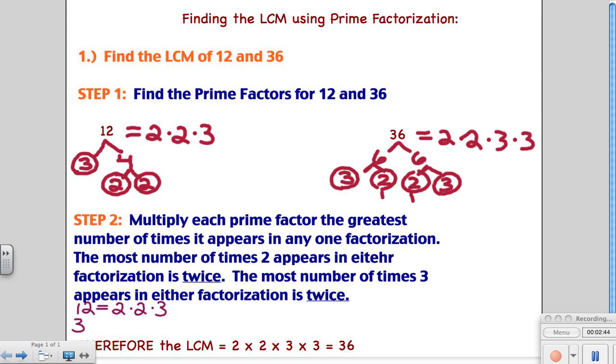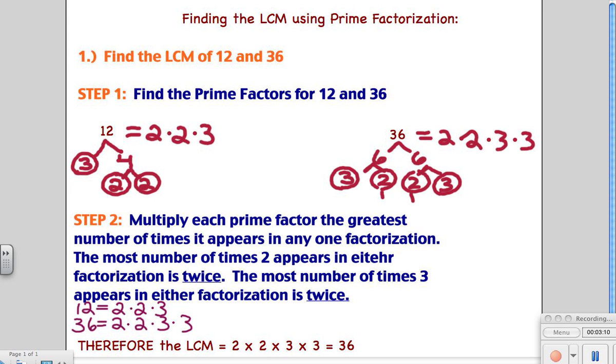The prime factorization of 36, as written above, is 2 times 2 times 3 times 3. Okay, now for the least common multiple, we're pulling the number that appears the greatest number of times in any one factorization. So we look at the 2.